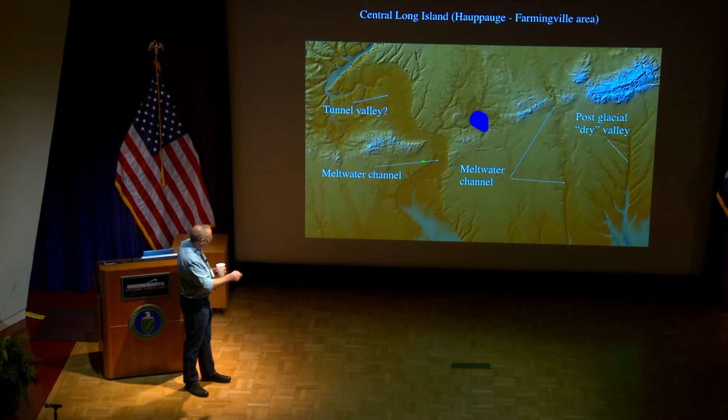The Connequot River occupying a meltwater channel. Here's an old meltwater channel. This may have formed when a proglacial lake impounded behind the Ronkonkoma moraine was able to breach the moraine and drain out to the south here.